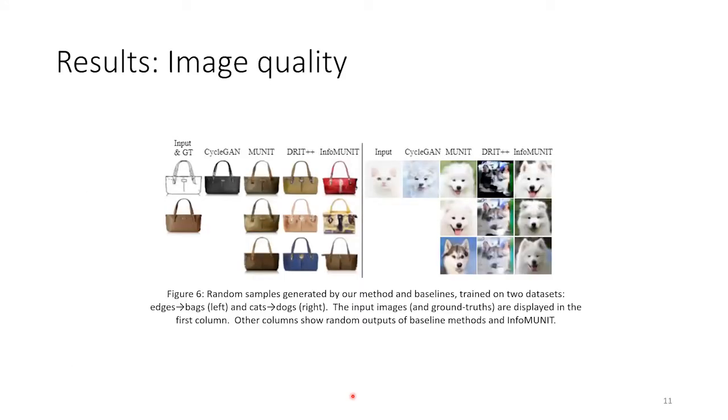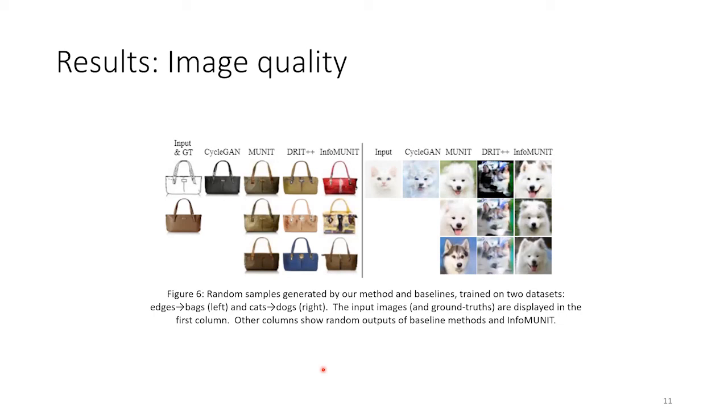So now let's take a look at some results. As you can see, the objective of InfoMUNIT is to increase the diversity and the ability to control features of generated images compared to MUNIT and other state-of-the-art methods, at the same time not hurting their quality.